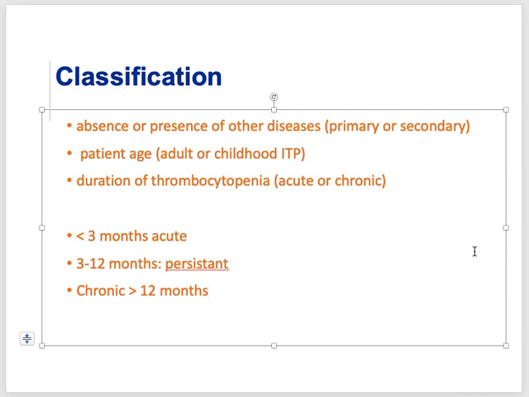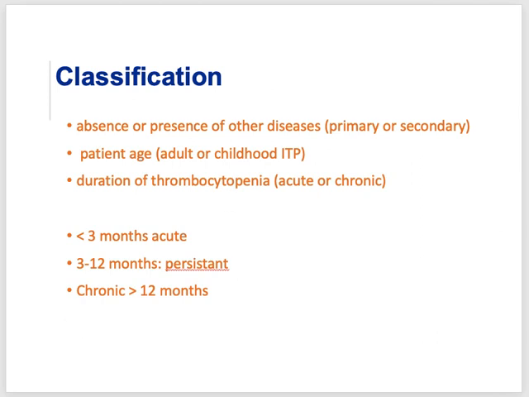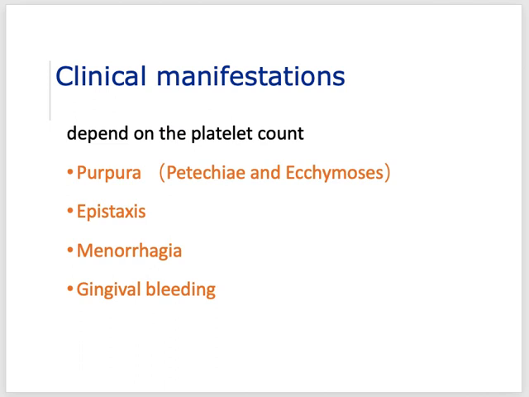So simply, there are antibodies against the platelets which bind to the platelet surface, and there is increased platelet destruction. Okay, and what will happen in these patients: simply bleeding, petechiae, purpura, mucosal bleeds. We had discussed this in the previous lecture.